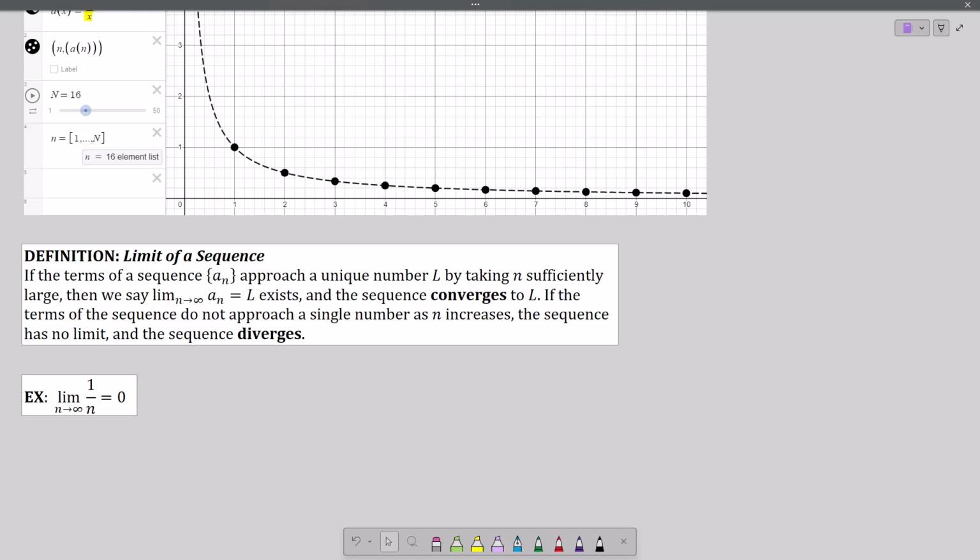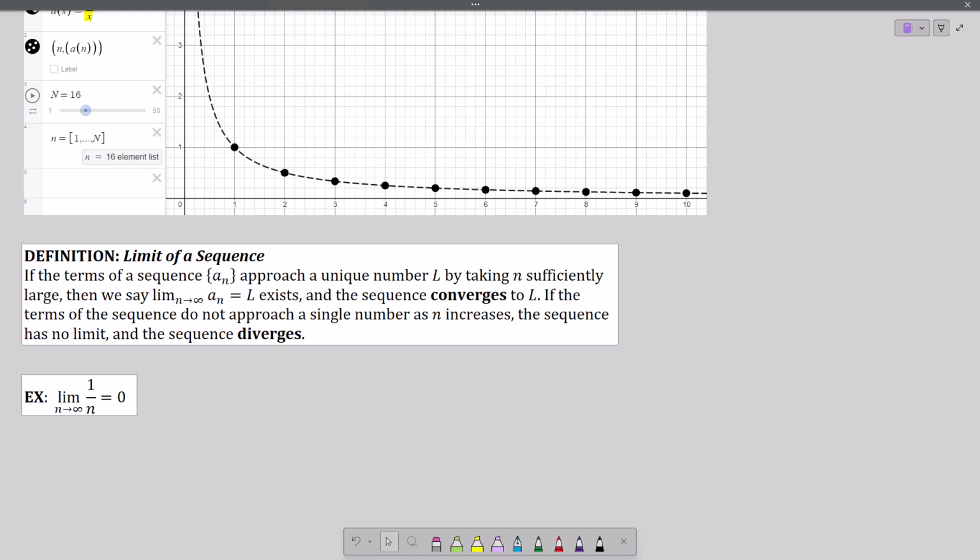If the sequence does not approach a single number, just like if a function doesn't approach a single number, we say the limit does not exist. And there are several ways that a limit cannot exist. The function can go to infinity, and that's one way. It can diverge like that. It could oscillate. Those are two common ways. There's other ways that it might not exist, but those are the two common ways.